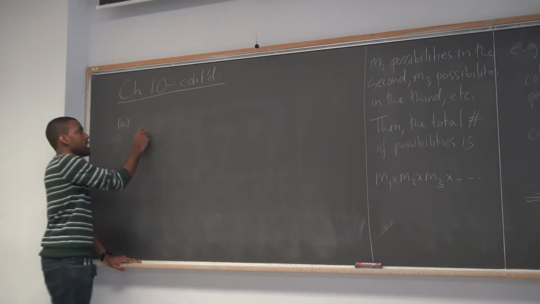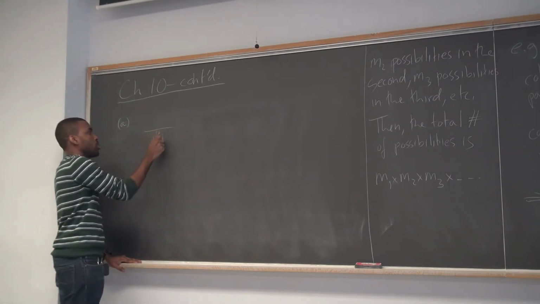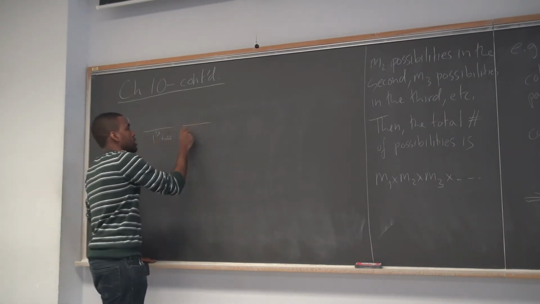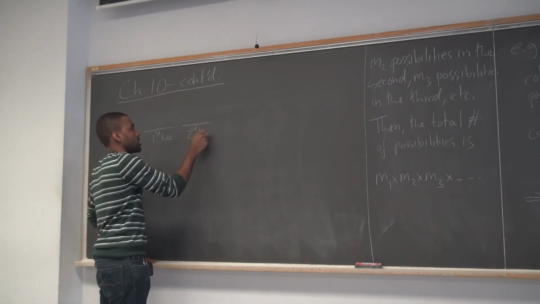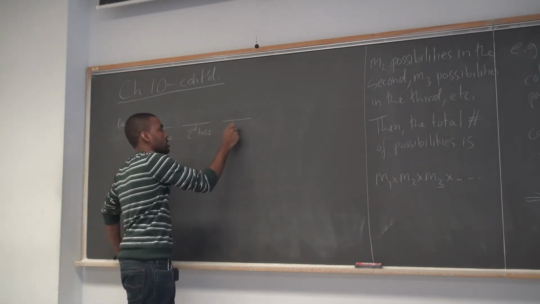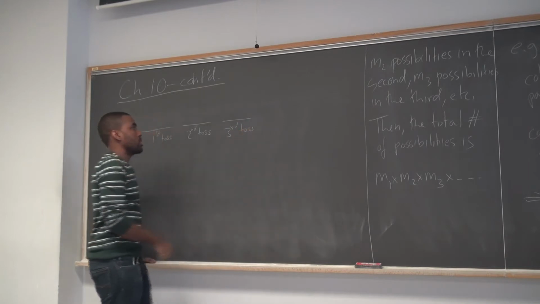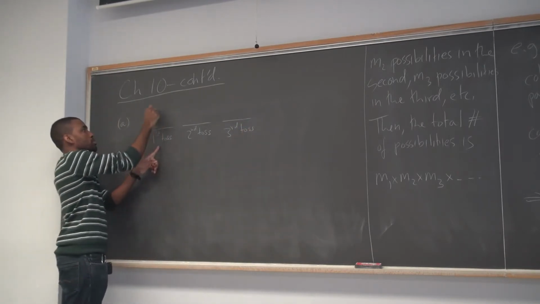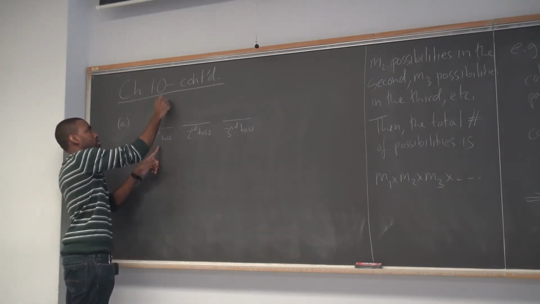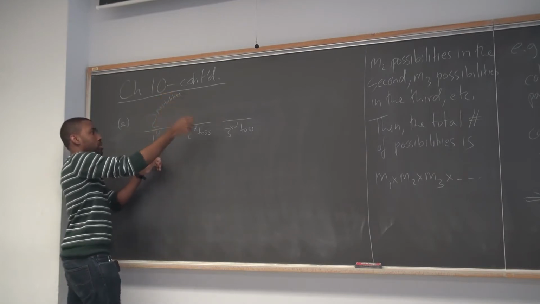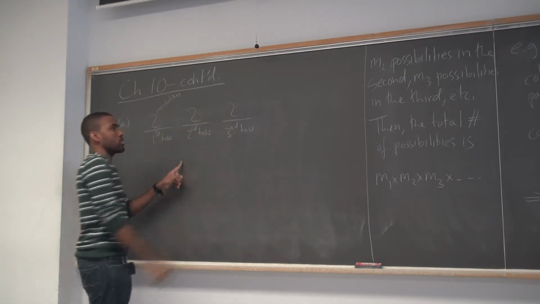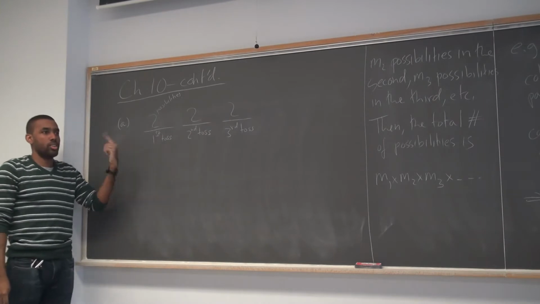So in this case, the stage is the tosses. One stage is the first toss, the next stage is the second toss, and the next stage is the third toss. Now here, there are 2 possibilities, and for this one there are also 2, and for this there are also 2. At any given stage, you can only get a head or a tail.